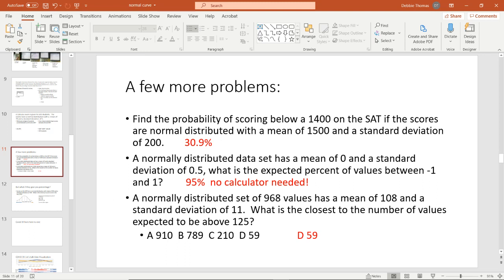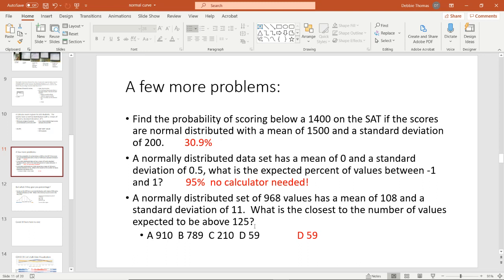All right, here we go. A normally distributed set of 968 values. It's got that mean, it's got that standard deviation. What's the number closest to be expected above 125? How many values are above 125? All right, above 125. 125 is your lower bound. That means positive infinity is my upper bound, so that would be a 1E99.